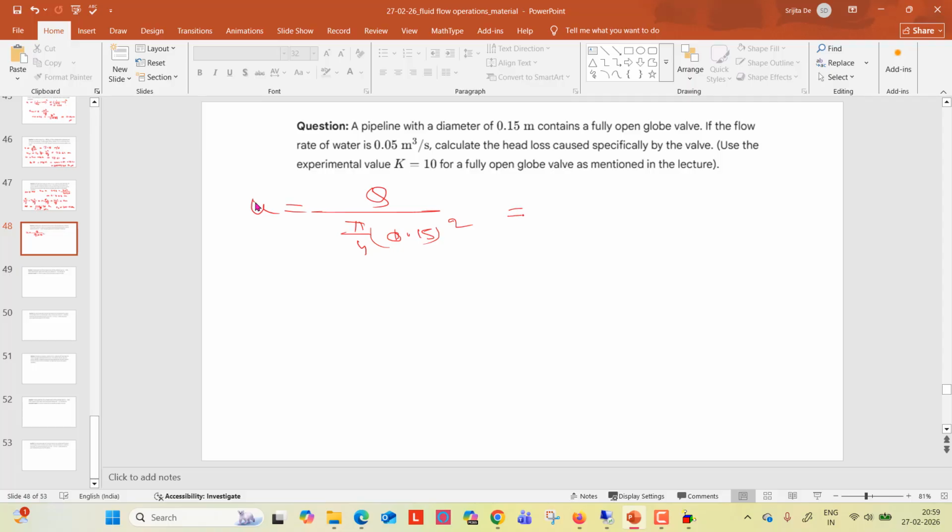So it is coming as 2.83 meter per second. Then comes the valve loss, so head loss. So minor head loss, K is 10 into 2.83 square by 2g.